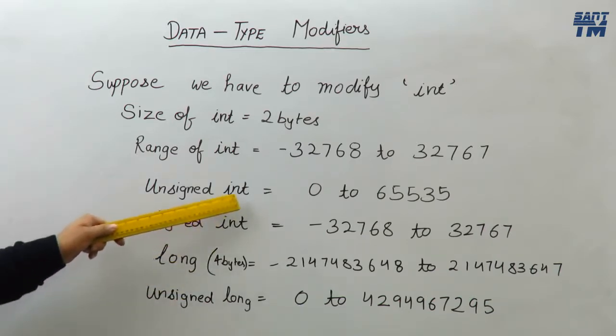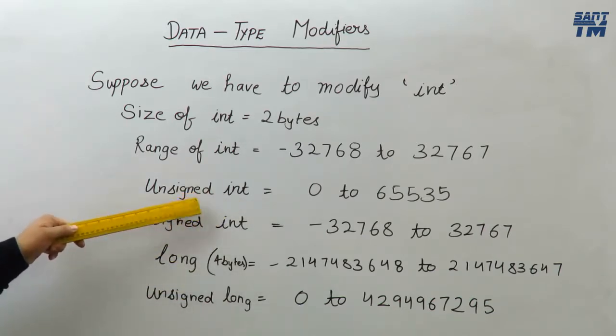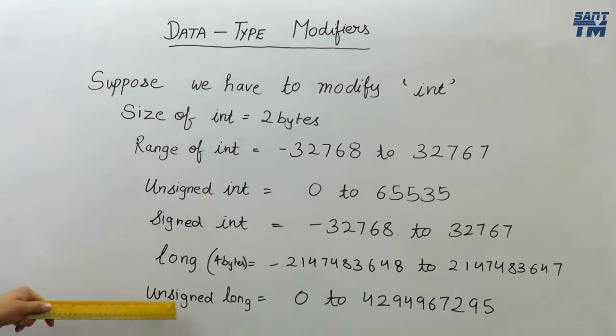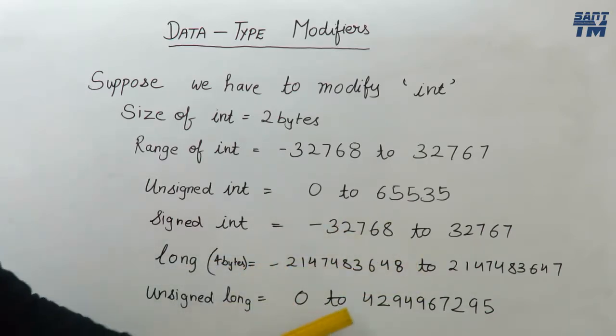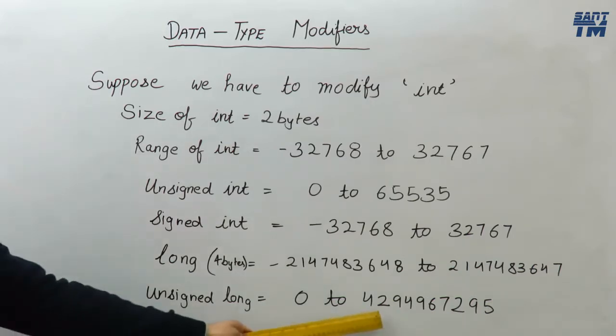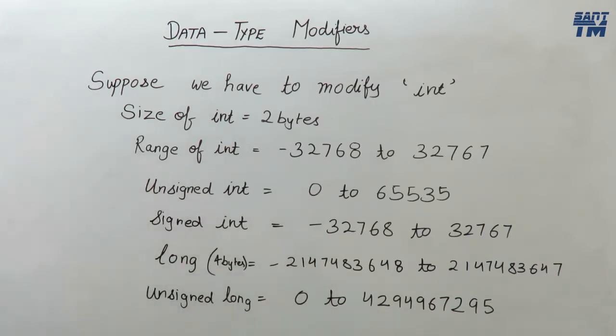Similarly, as int was being used with unsigned, long can also be used with unsigned. We write unsigned long, it has a range where it will discard the negative side and add this negative memory to the positive side. So 0 to 4294967295, it can accommodate this much larger value of a.